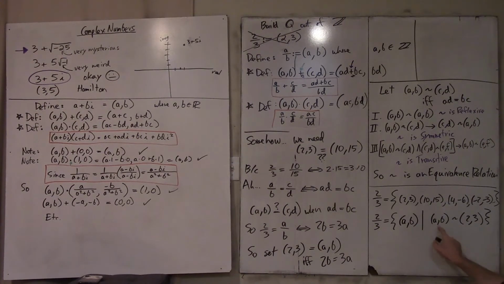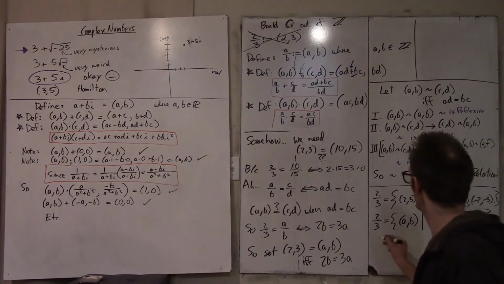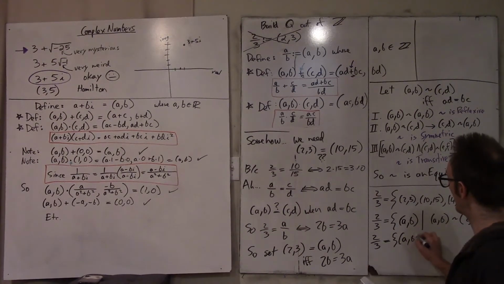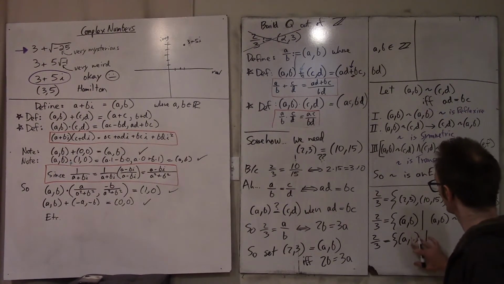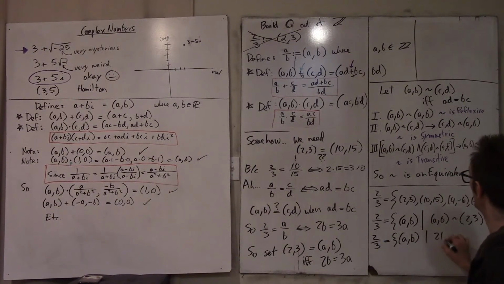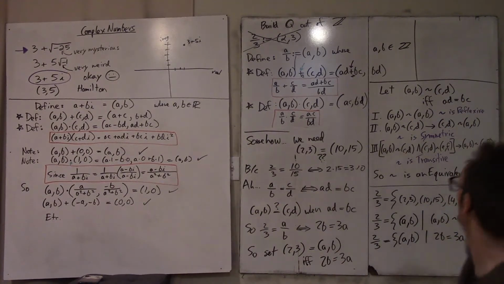2/3 is the set of all ordered pairs which are equivalent to 2/3. Which really, if we unpack that definition, means that 2/3 is the set of all ordered pairs (a, b) such that 2b equals 3a. And that kind of turns out to be exactly what you want.